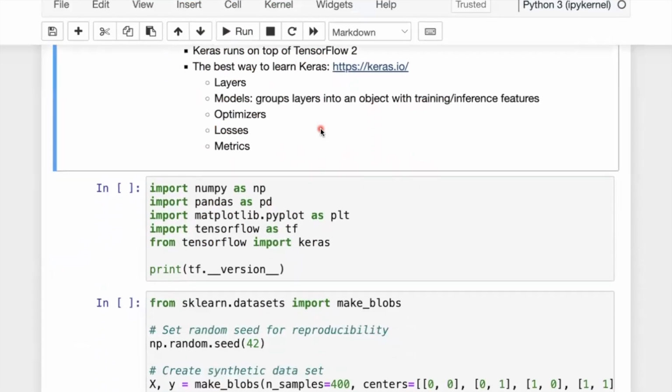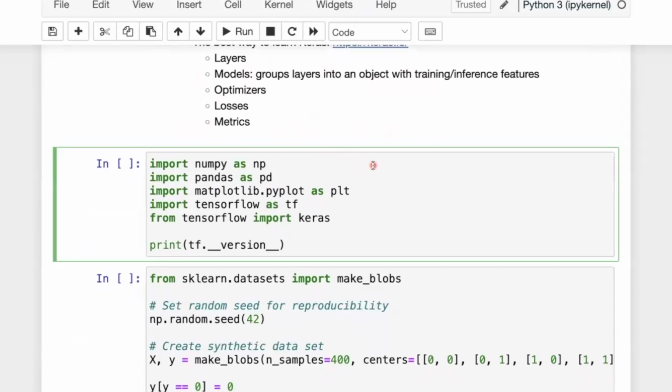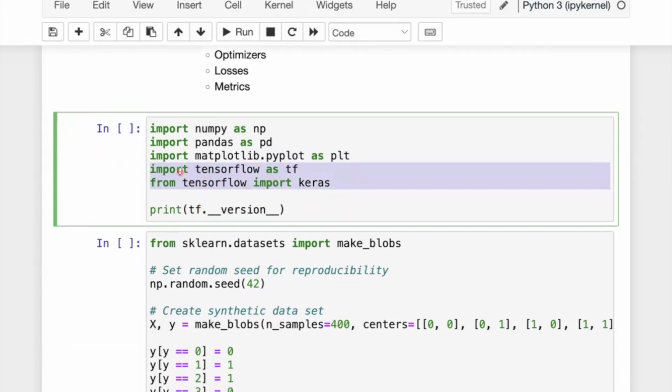So let's start step by step. We're going to import NumPy as np and import pandas as pd. These are things that we always import to be able to work with arrays and data frames, and also matplotlib for visualization. But the part that is new to this lecture is that we're going to import TensorFlow as tf, and from TensorFlow we import Keras.